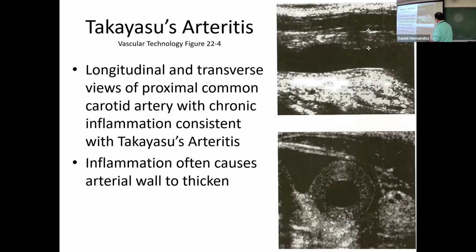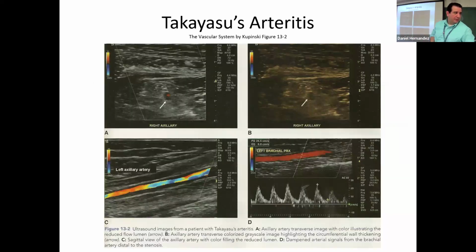So here we can see a transverse section of that vessel now. And you can see how thickened those walls are with Takayasu's arteritis. So a sagittal and transverse view of that vessel itself, showing the thickening of that wall. These are some more pictures, Takayasu's arteritis.